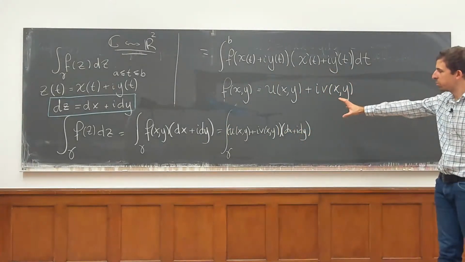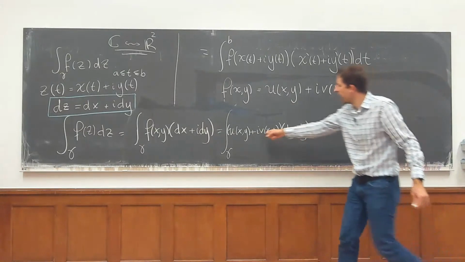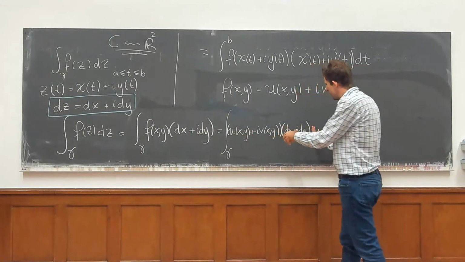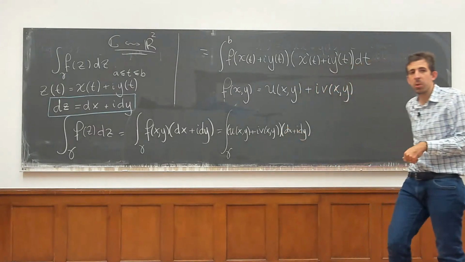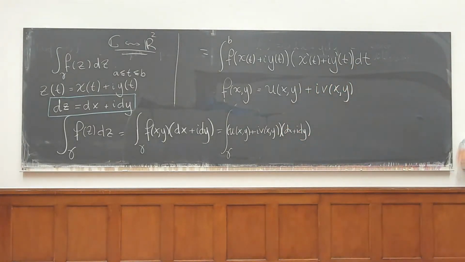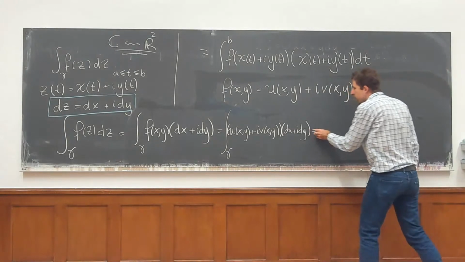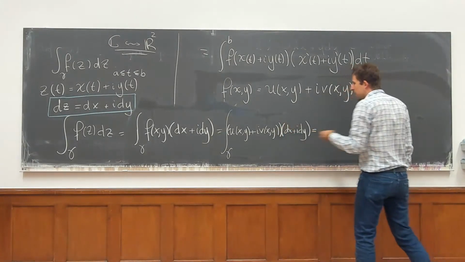Now these objects: there's an i here, but once I remove the i outside of the integral, there's nothing complex about the integrals themselves. This now becomes a line integral over the reals. So let's collect the terms that don't have an i and the terms that have an i.